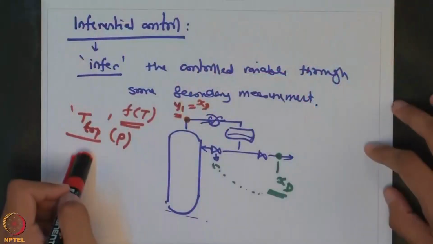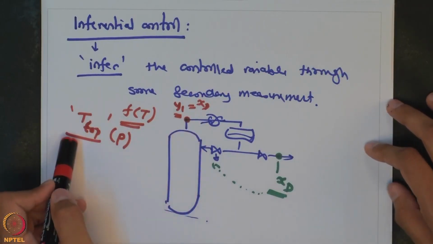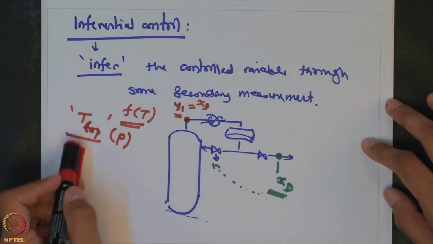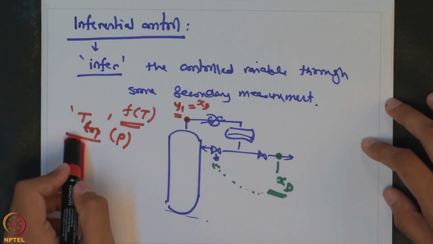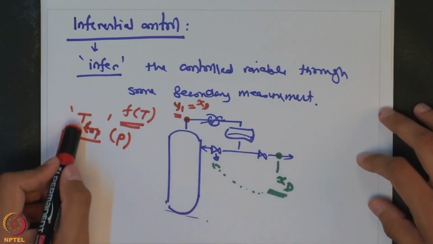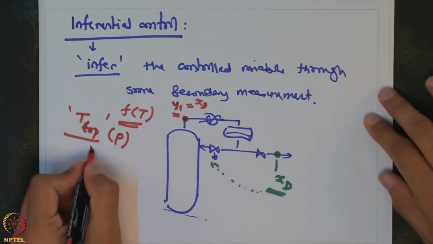So instead of measuring a composition which takes minutes or hours, we can infer the purity inside the column by measuring the temperature. This is known as inferential control, and you can use this temperature measurement to control the purity indirectly, by controlling this temperature by changing the manipulated variable, which is the reflux ratio.